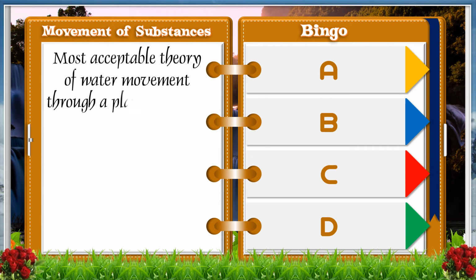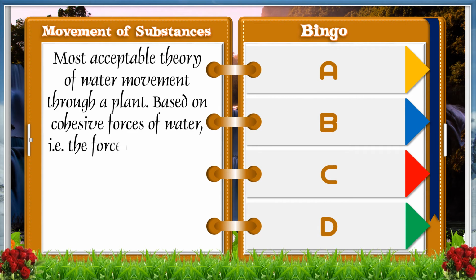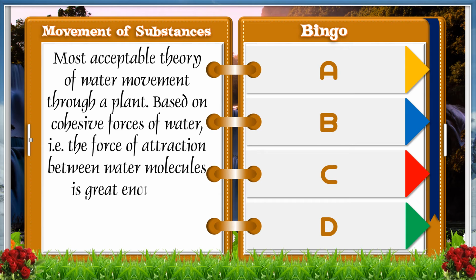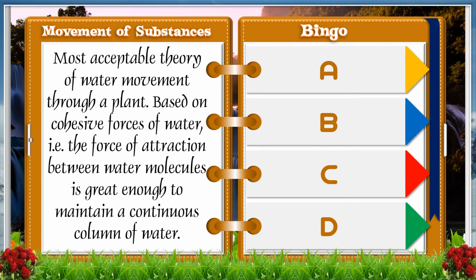Most acceptable theory of water movement through a plant, based on the cohesive force of water, i.e., the force of attraction between water molecules is great enough to maintain a continuous column of water.